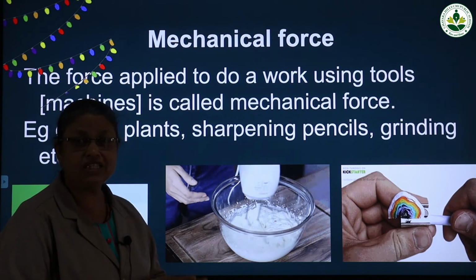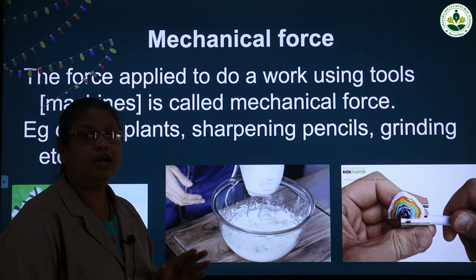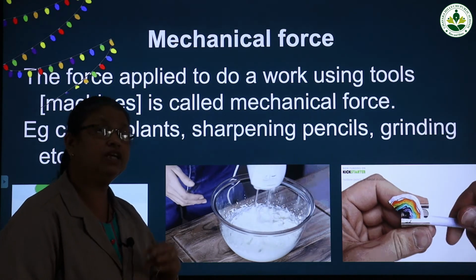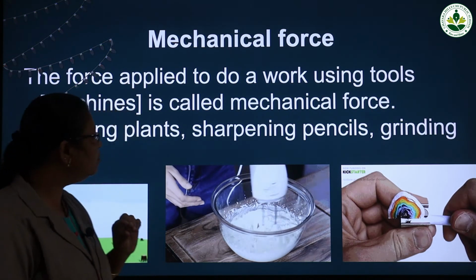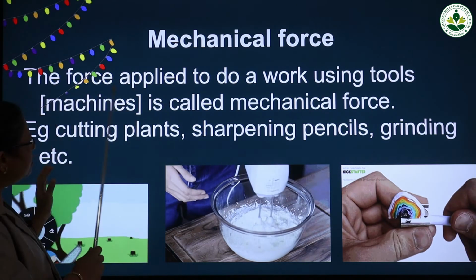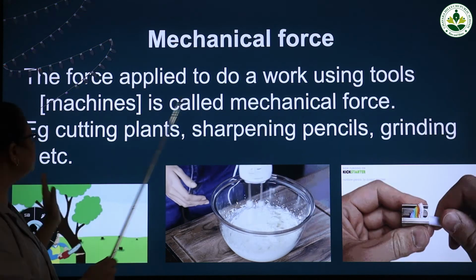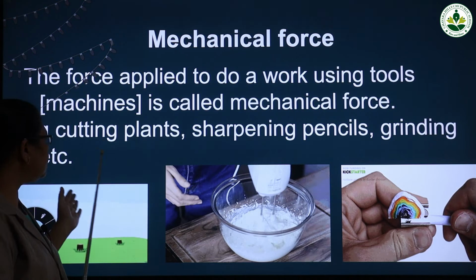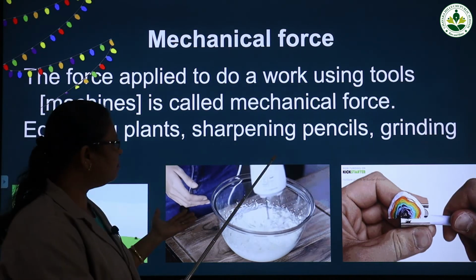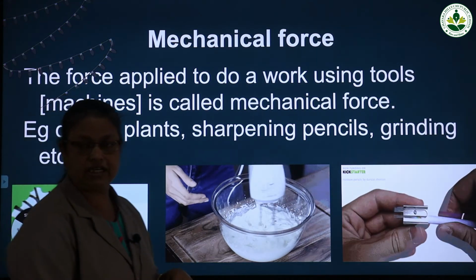When we use machines for doing work and we apply force with the help of machines, that type of force is called a mechanical force. The force applied to do a work using tools or machines is called mechanical force. For example, cutting plants, sharpening pencils, grinding, etc.